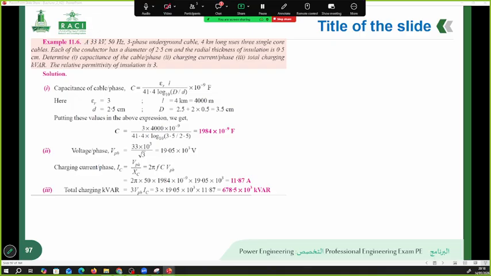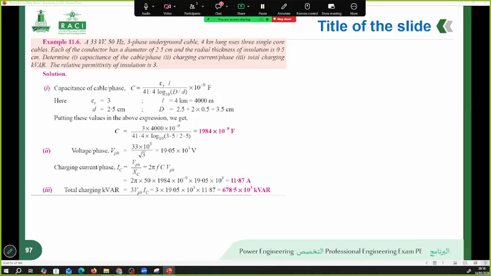Using the given relative permittivity of 3, the capacitance per phase can be calculated based on the cable's geometric and dielectric properties. For the governing relations, we can use this equation again.